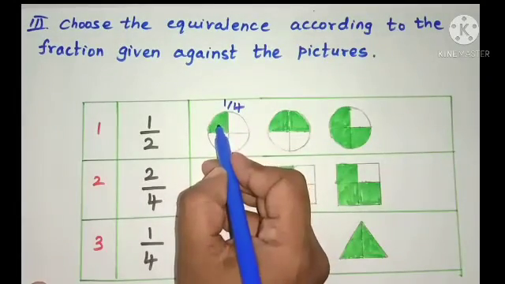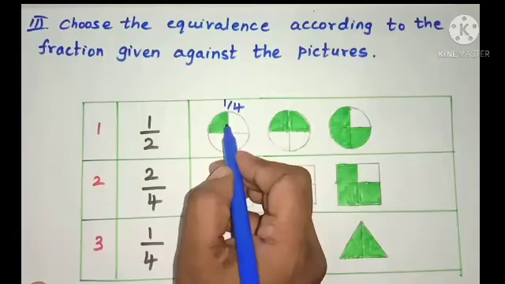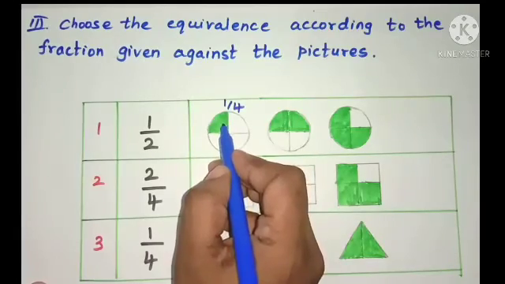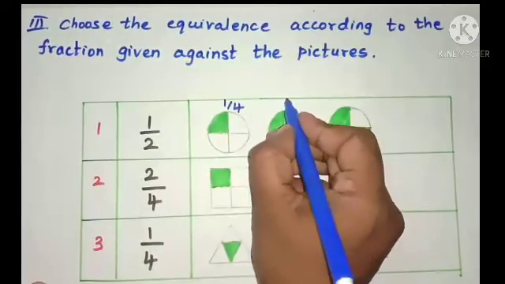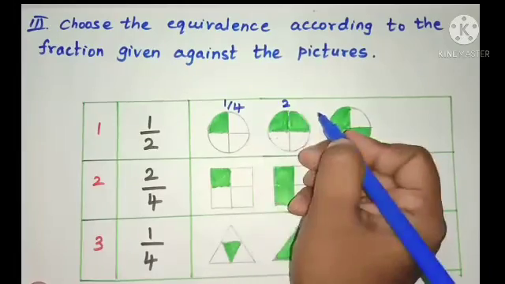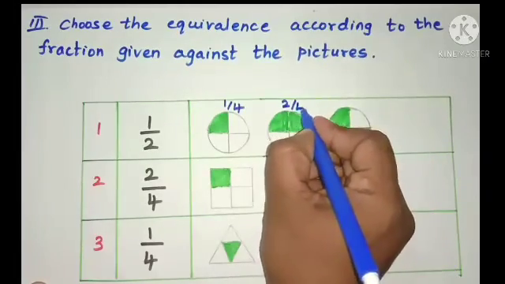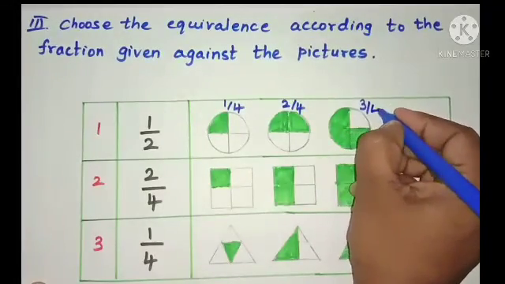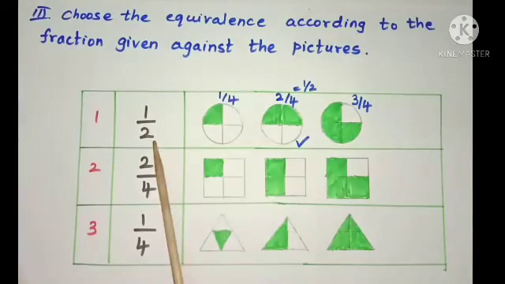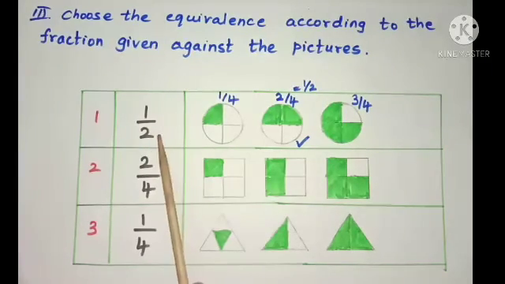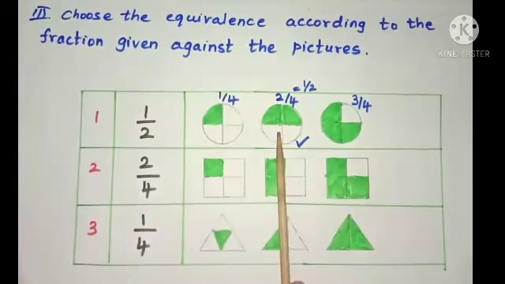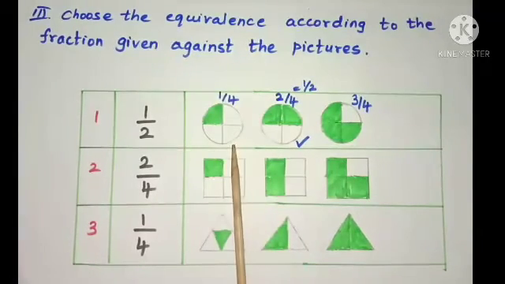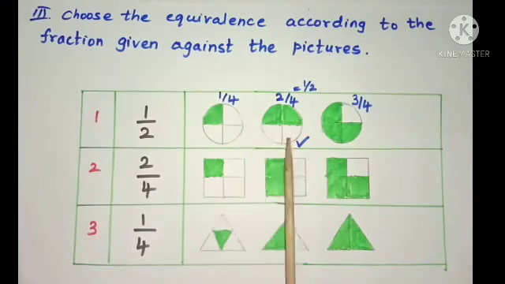Only one part is shaded. The fraction of the shaded portion is 1/4. And here in the second circle, 2 parts are shaded out of 4. And here 3 out of 4. Half, 1/2 represents half. So children, half of the circle is shaded.